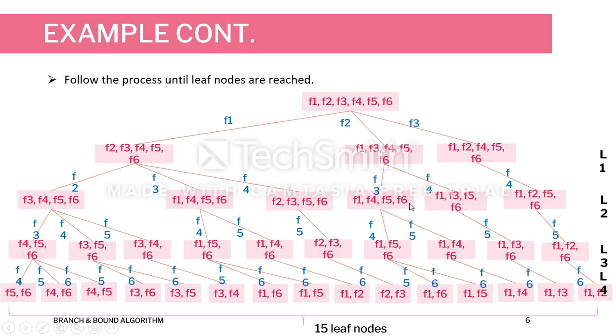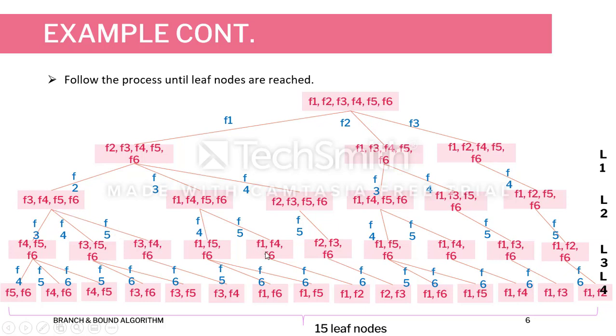Level 2 has nodes with 4 features. Then again, I have to remove one feature and create the other child nodes. From this node, I have removed F3 and created this node, and again I have removed F4 and created this node, and I have removed F5 and created this node.